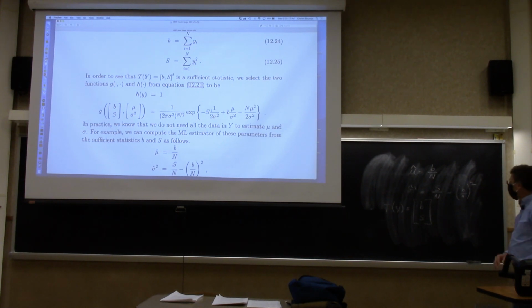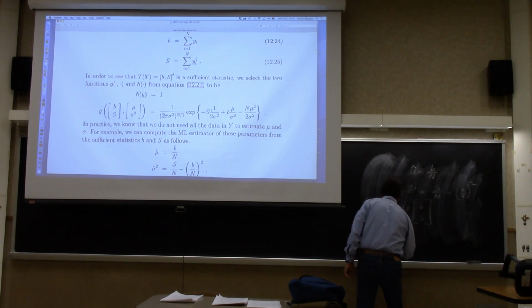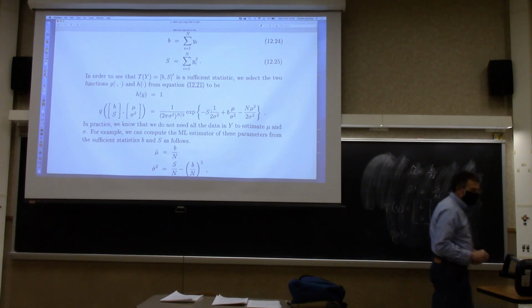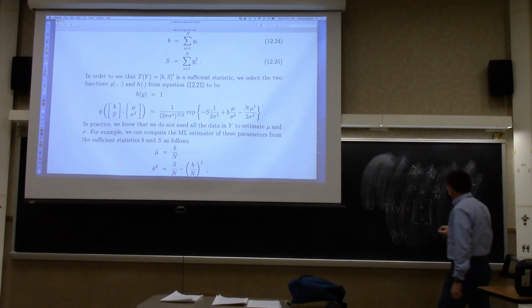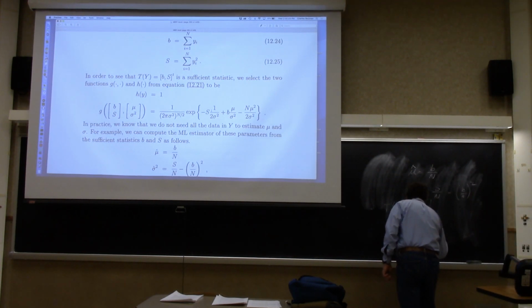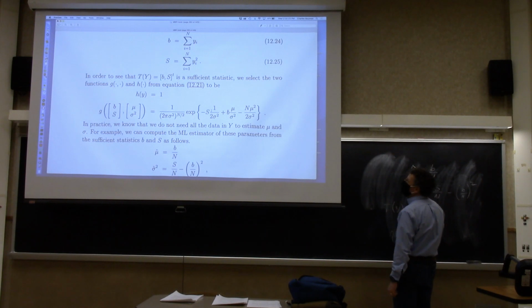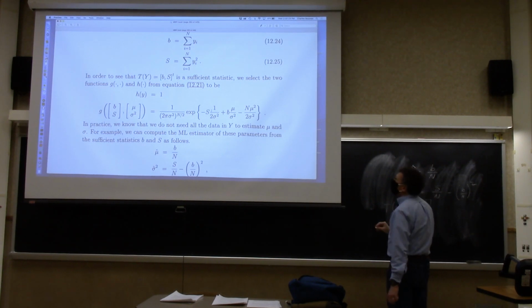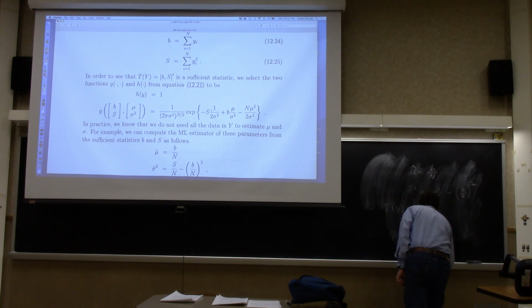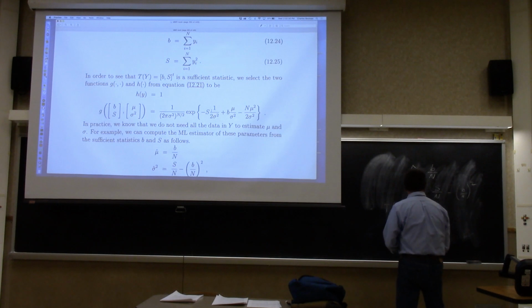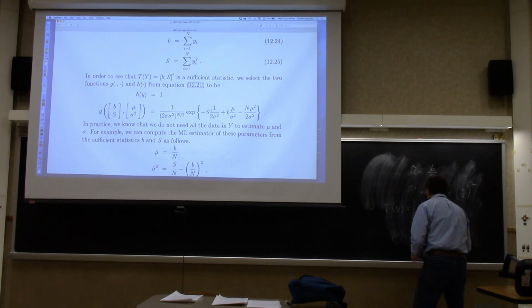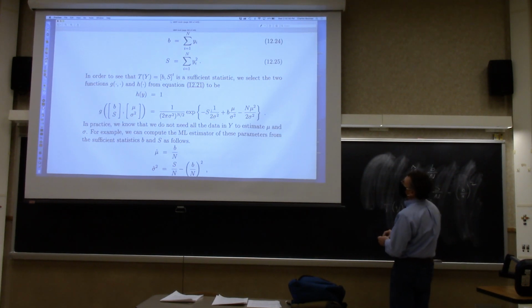Okay, so here eta of theta is equal to what? For that particular example, it's mu over sigma squared, and minus 1 over 2 sigma squared. Oh, I wrote it in the wrong order.